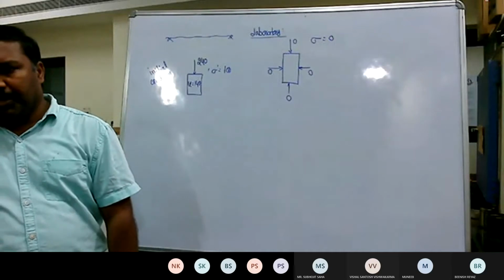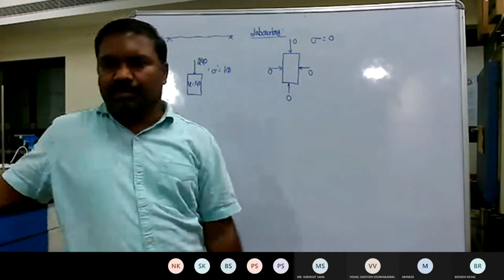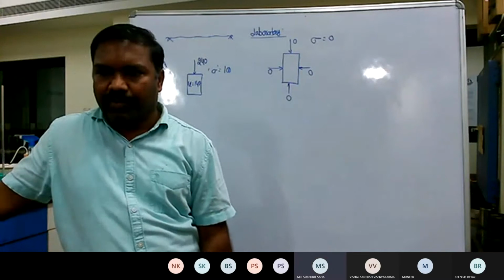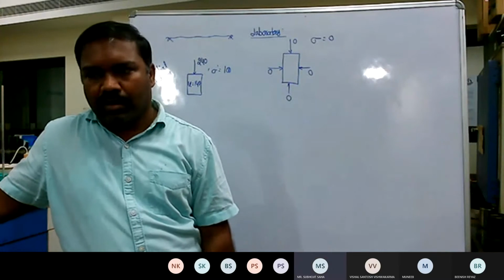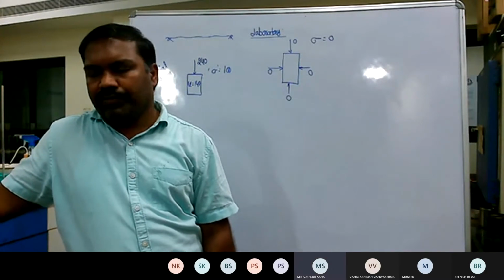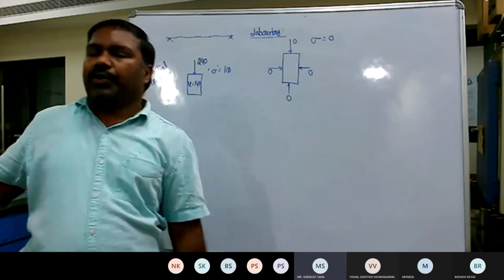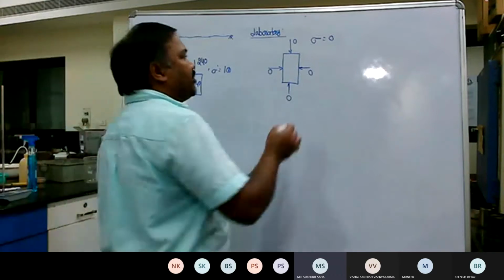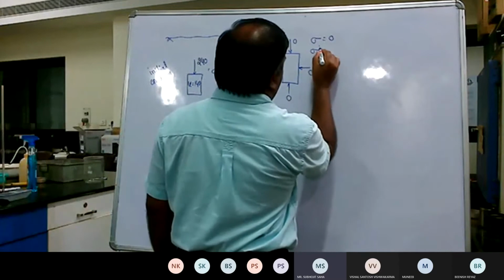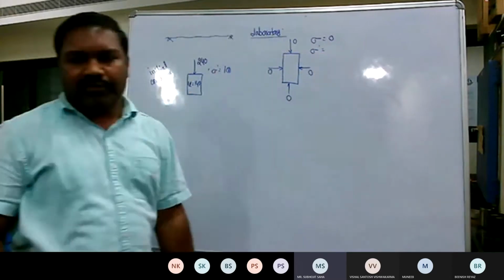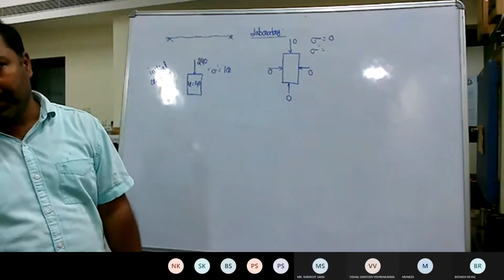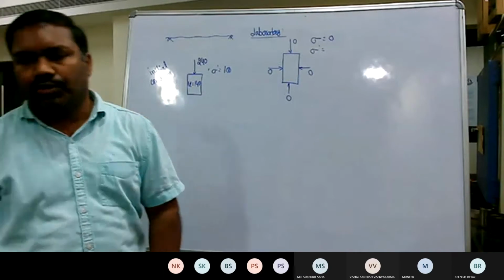No change in water content and no change in void ratio. What does that mean? No change in effective stress. No change in water content. No change in void ratio means no change in volume.